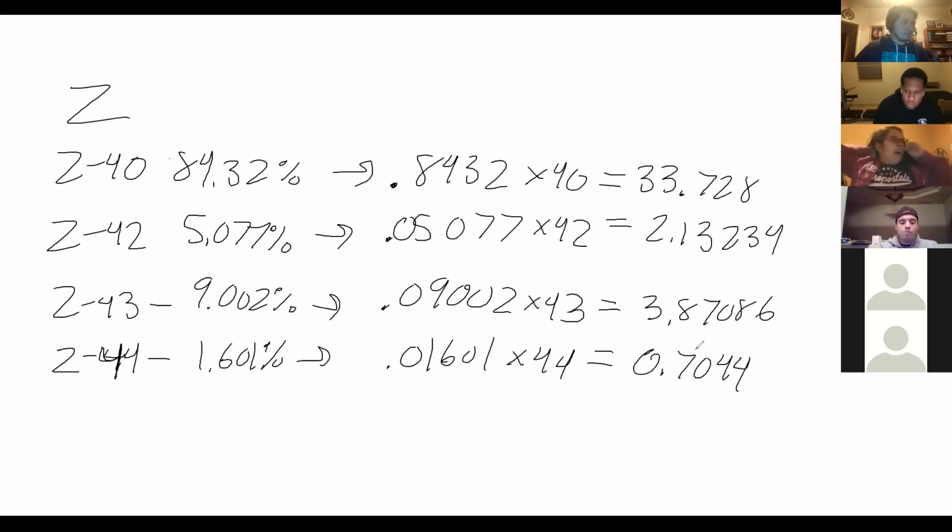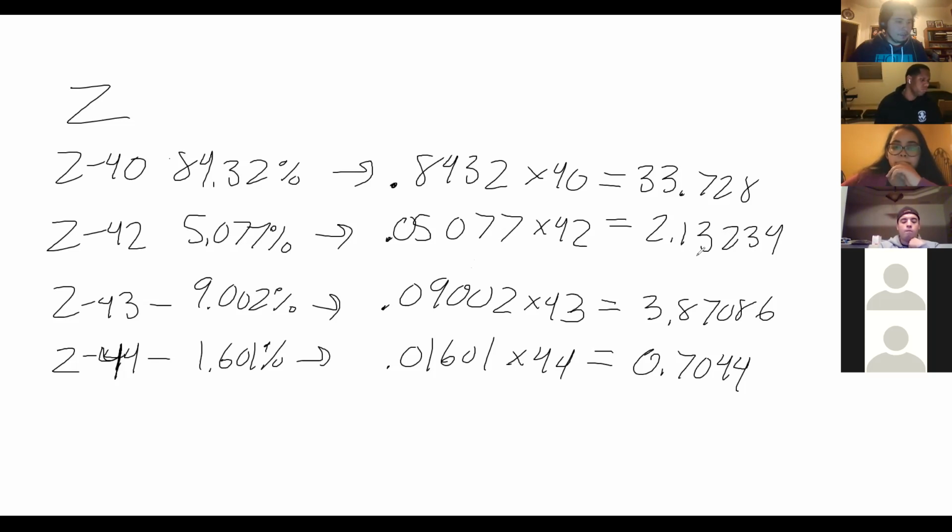And what you do here, at the very end, is add up all these numbers. So we add 33.728 plus 2.13234 plus 3.87086 plus 0.7044.